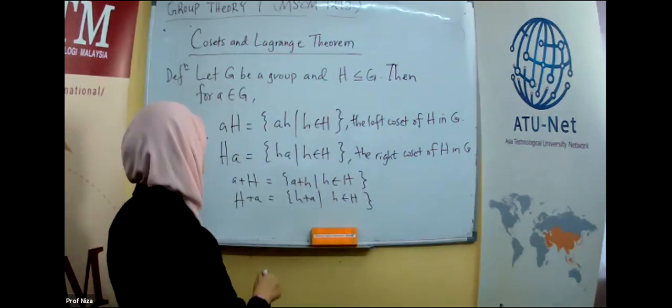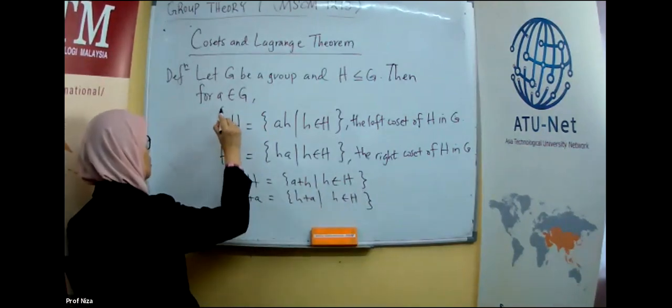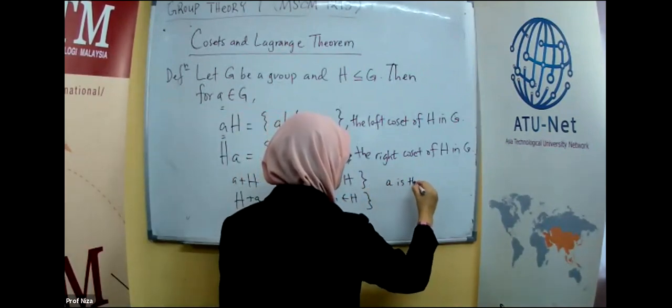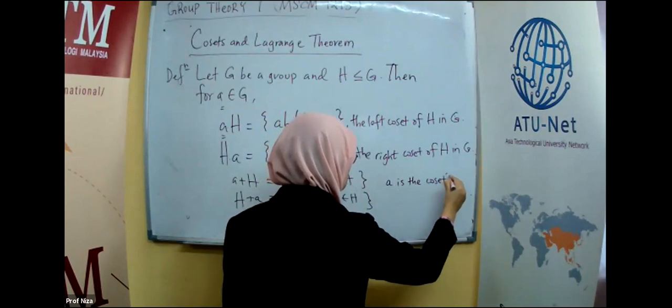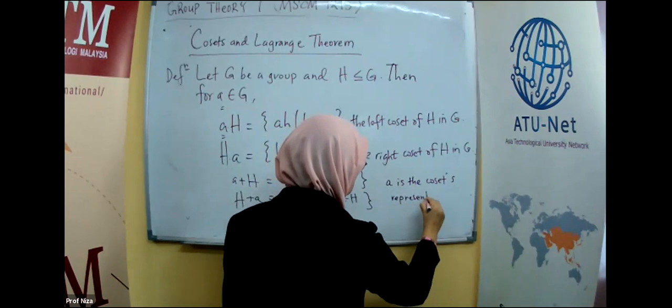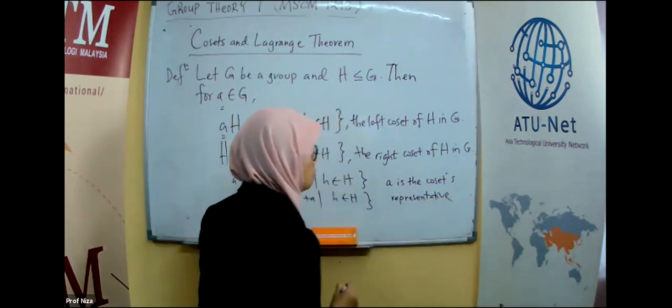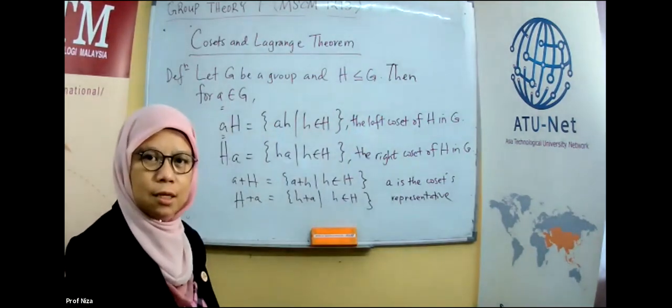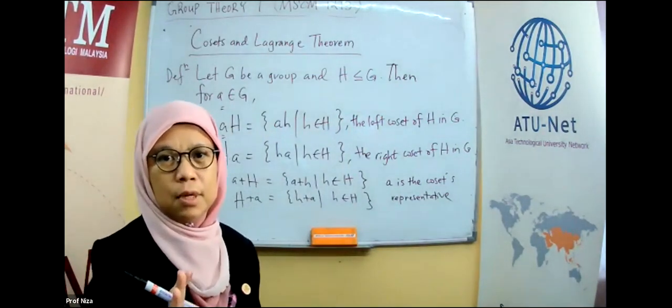And this a is the coset's representative. And one coset can have many representatives.